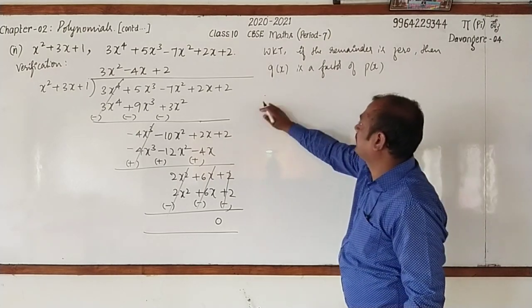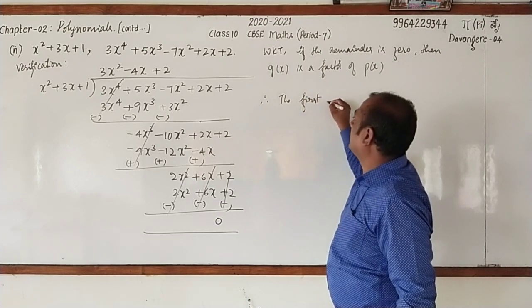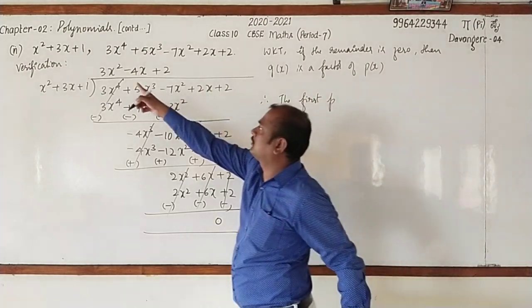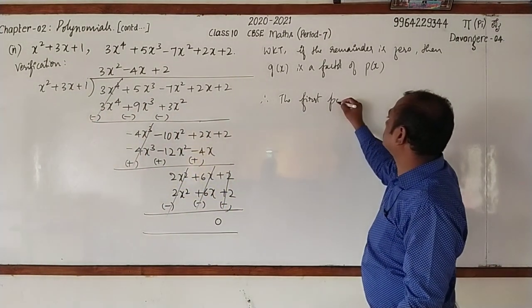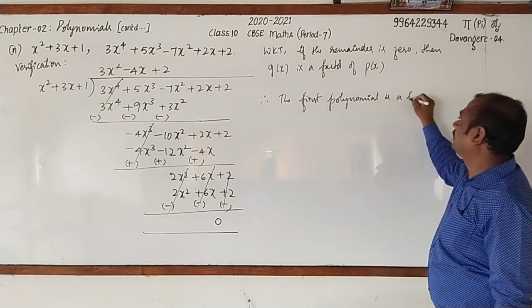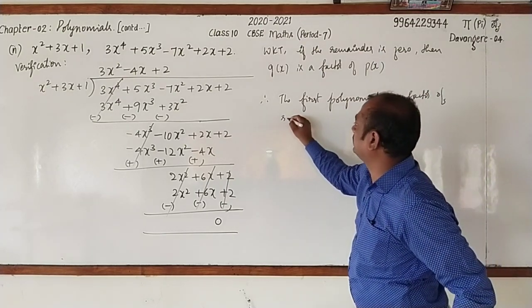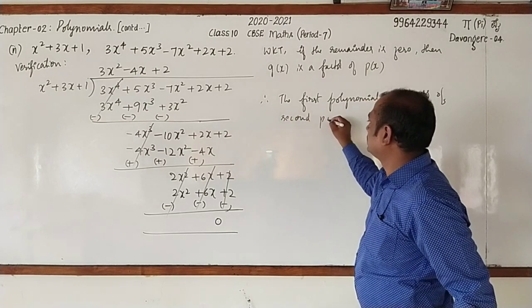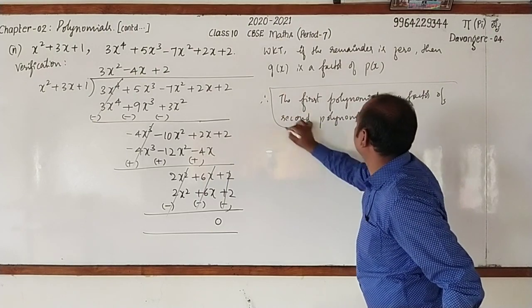That is, the first polynomial, whatever the polynomial is there, this is first polynomial, is a factor of second polynomial. This is the conclusion for second one.